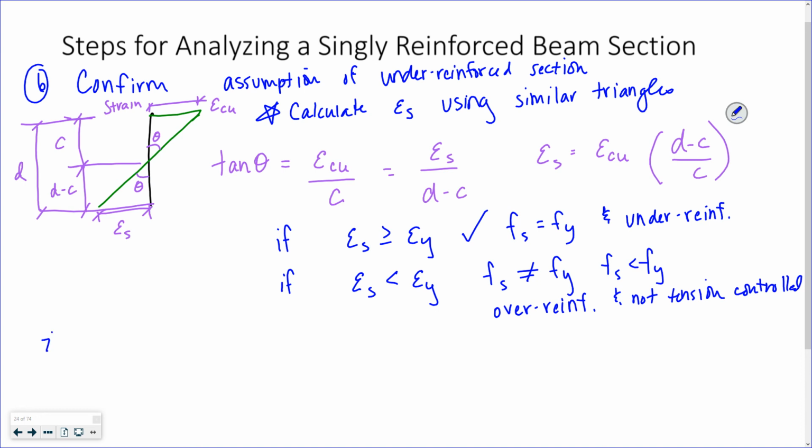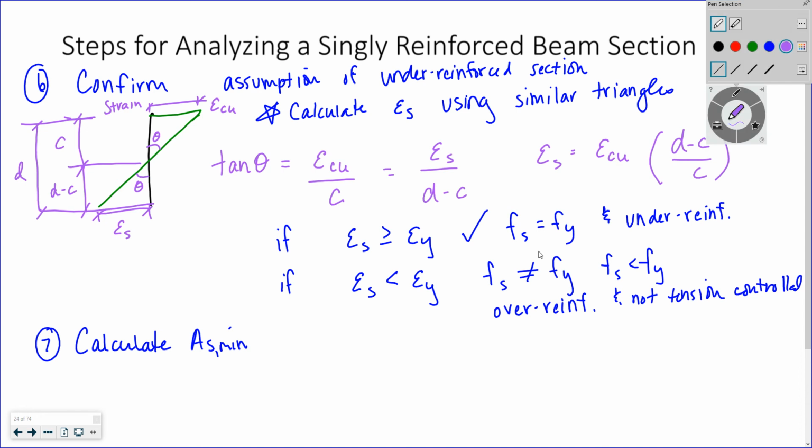The other thing we have to do, and actually you could have done this already, was calculate that you have the minimum amount of steel. Generally you do. But AS min, again, this is a tab you need. It is on page 135, 9.6.1.2, page 135.